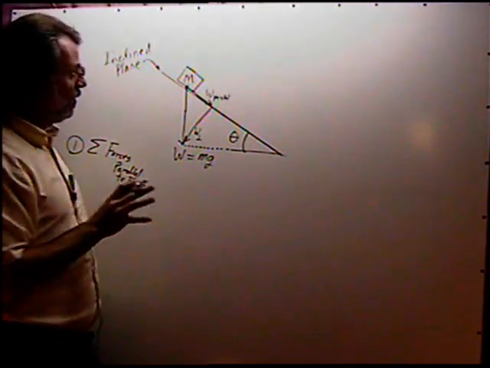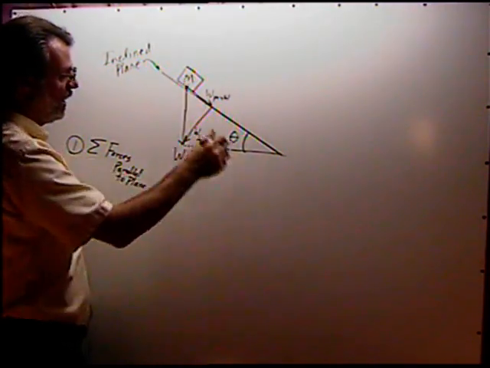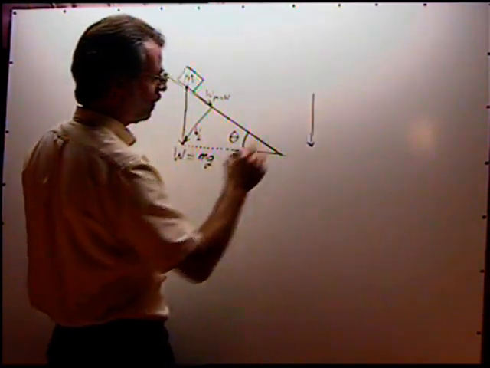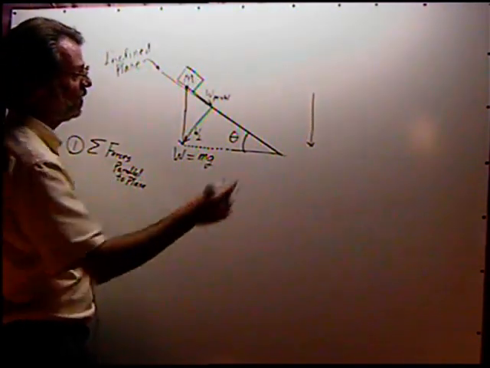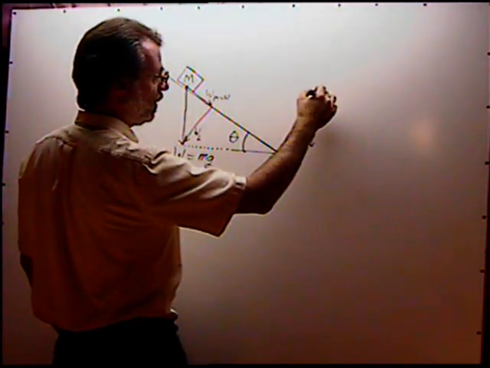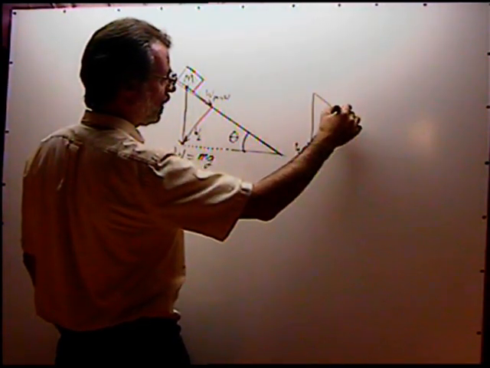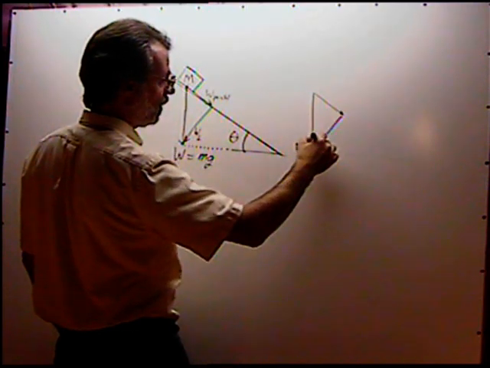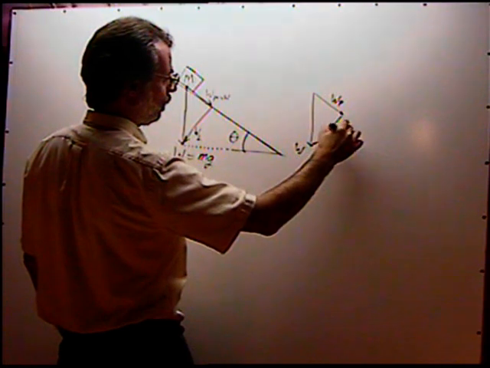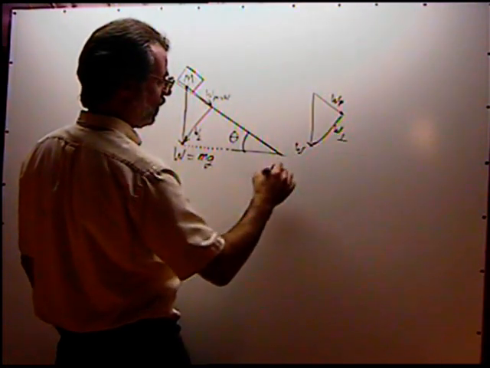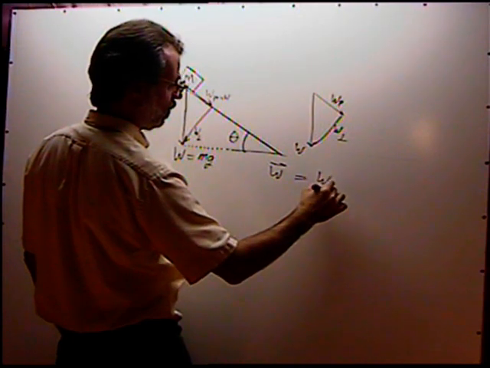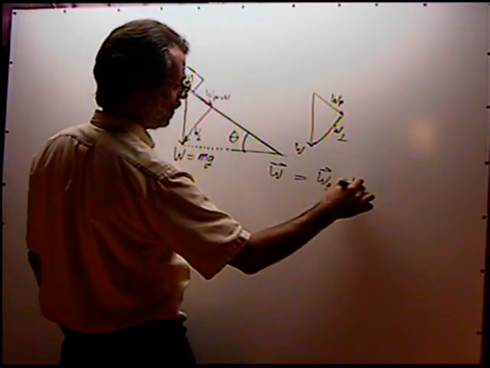Now, we can still do this. Remember, we can break any vector up into vector quantities or vector components. We're taking the weight and simply breaking it up into vector quantities like this. So basically the full weight is still the sum of the parallel plus the sum of the perpendicular.